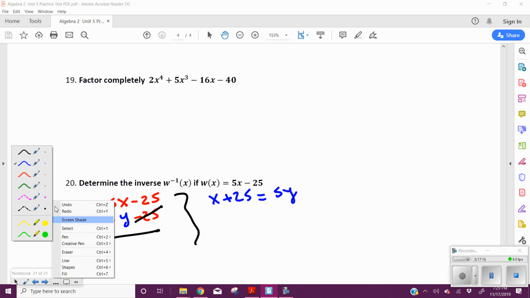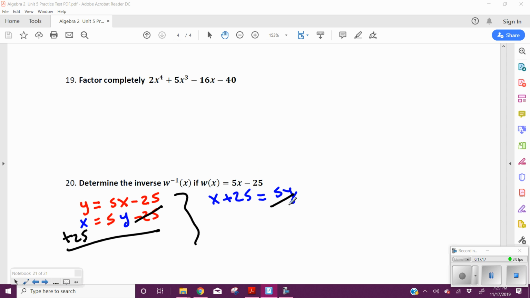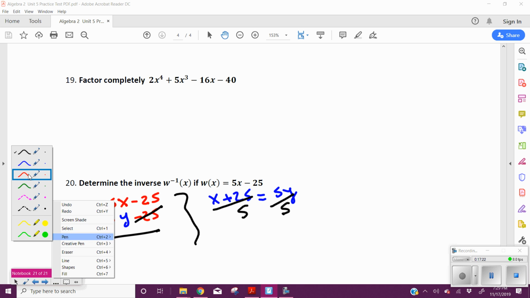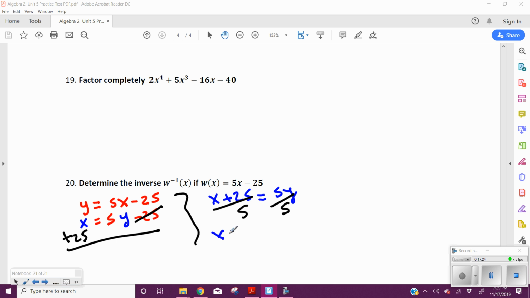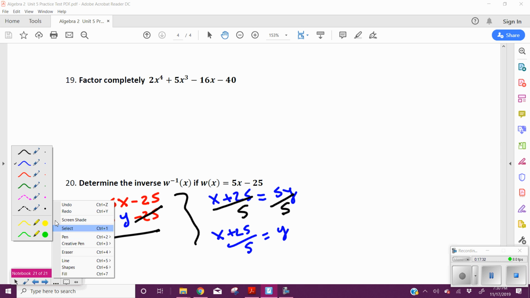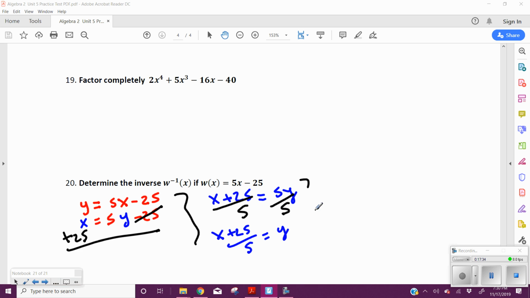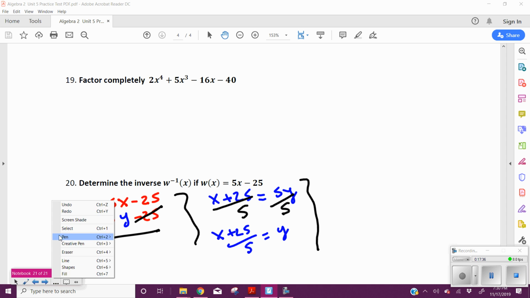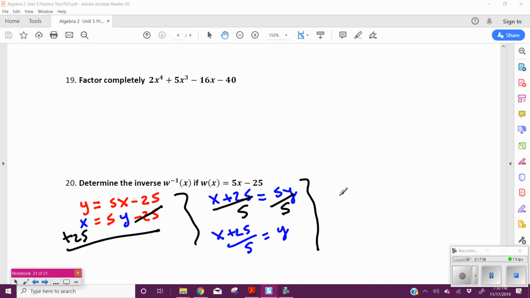Next thing, I need to get rid of the 5 by dividing 5 on both sides, which would give me x plus 25 over 5 is equal to y. And the last little step, because it wants it to be written in function notation, so we need to make sure our final answer is written accordingly. So w inverse of x is equal to x plus 25 over 5.